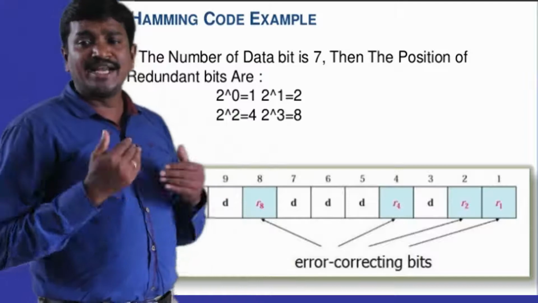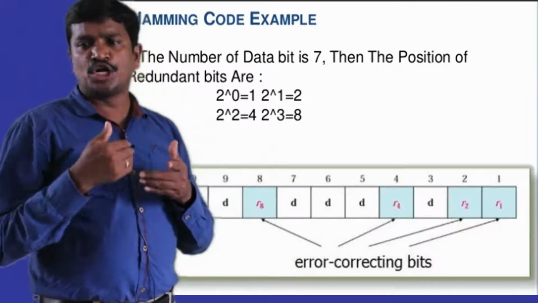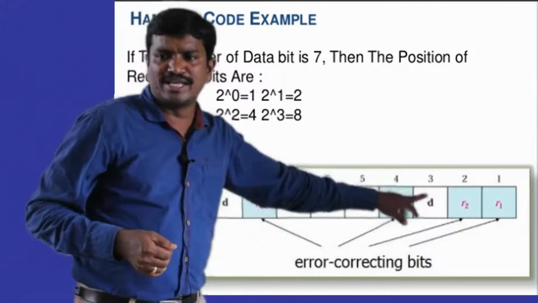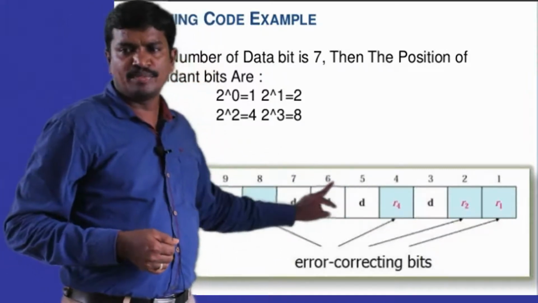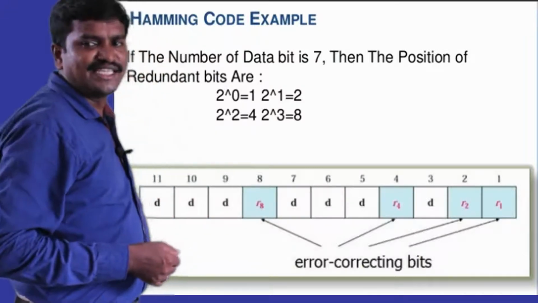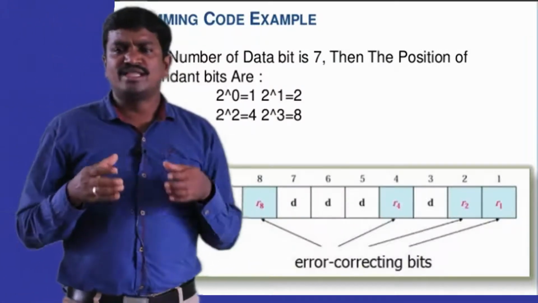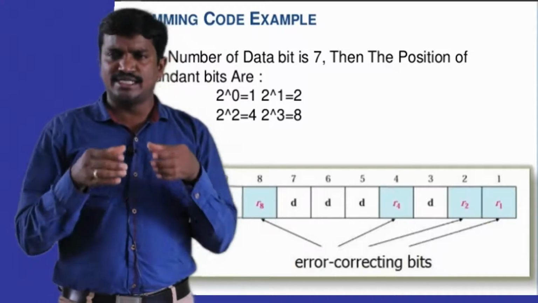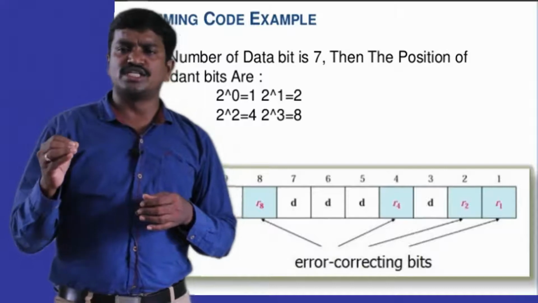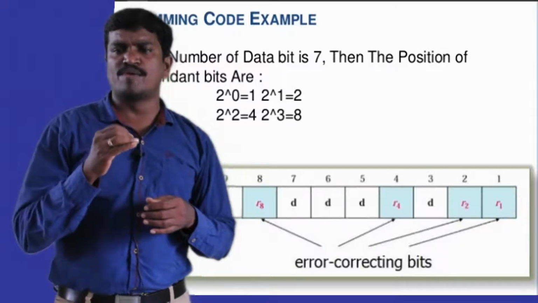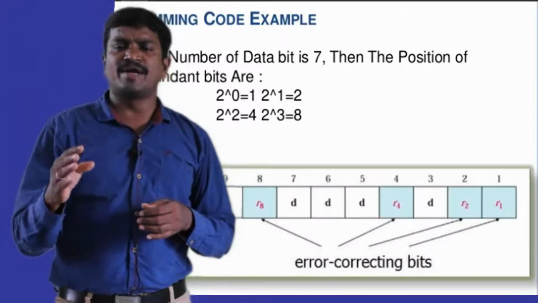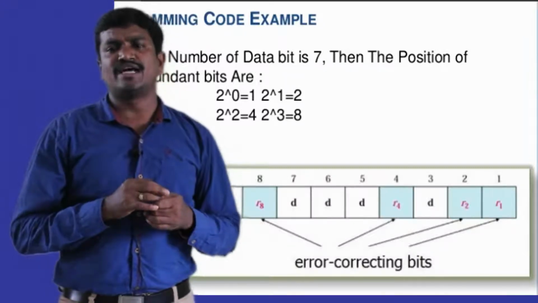The remaining data units, like A0, A1, A2, A3, are placed from there: A0, A1, A2, A3, then leaving the 8th position, A4, A5, A6, A7 likewise. So the code word is prepared in such a way that the 2 power positions are occupied by the redundant bits, and the remaining positions are occupied by the data bits.